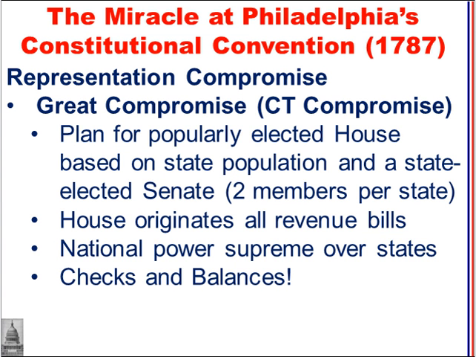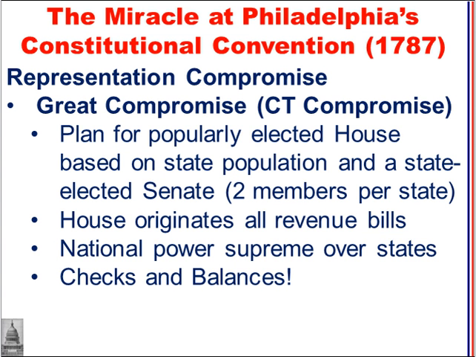The House gets to originate all bills for raising and spending money, all revenue bills. That's the phrase, the House controls the purse strings. So the theory was, in dividing power between the national and state governments, national power would be supreme, and at every step, at every level, the founders built in checks and balances with a separation of power.